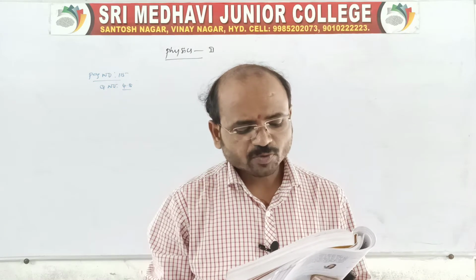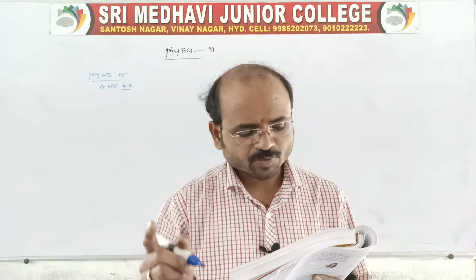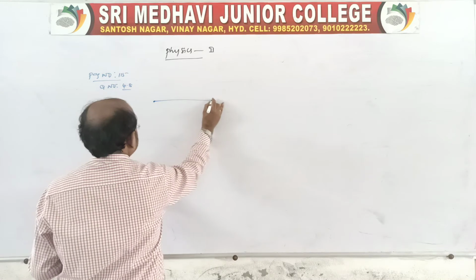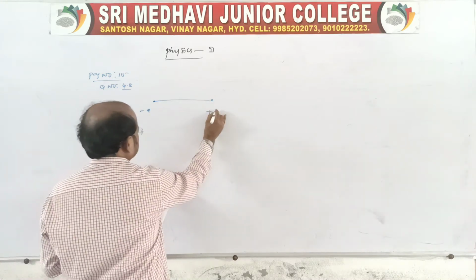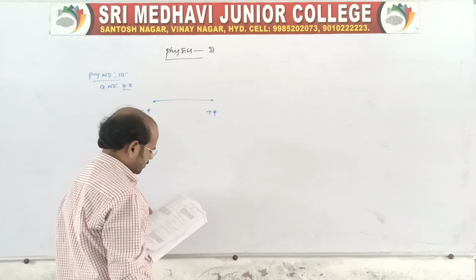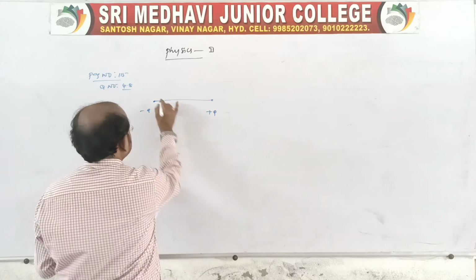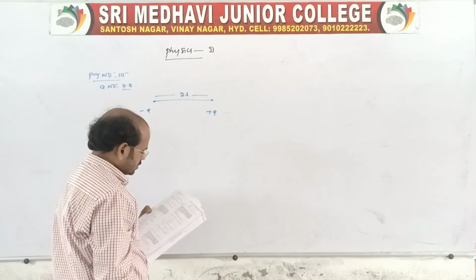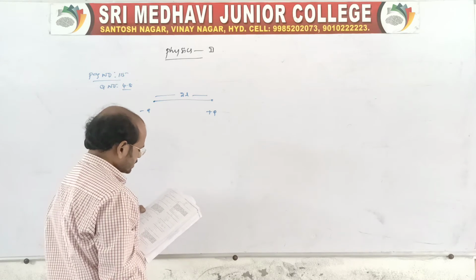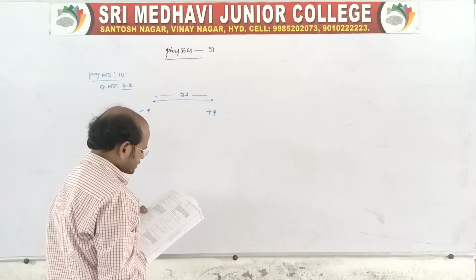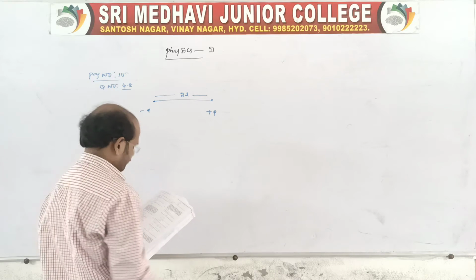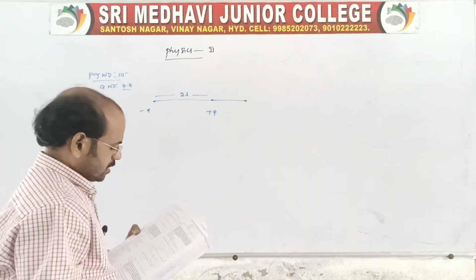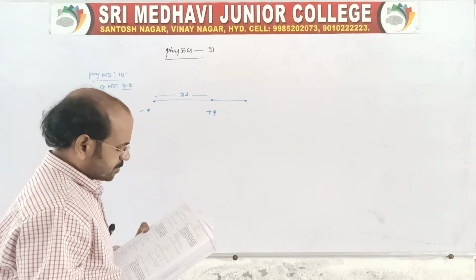An electric dipole consists of two equal and opposite point charges, plus q and minus q. So there will be two charges, minus q and plus q. The distance between the two charges is given as 2L. P is a point collinear with the charges, such that its distance from the positive charge is half the distance from the negative charge.